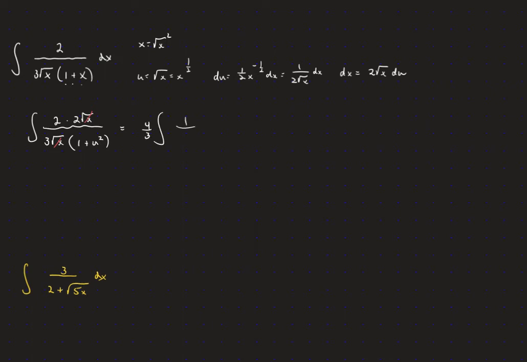But the integral then becomes just 1 over 1 plus u squared du, which is our arctangent. Crazily enough, that gets us to 4/3 arctangent of u, which is then 4/3 arctangent of, we said u was the square root of x, plus c. It was pretty disguised.